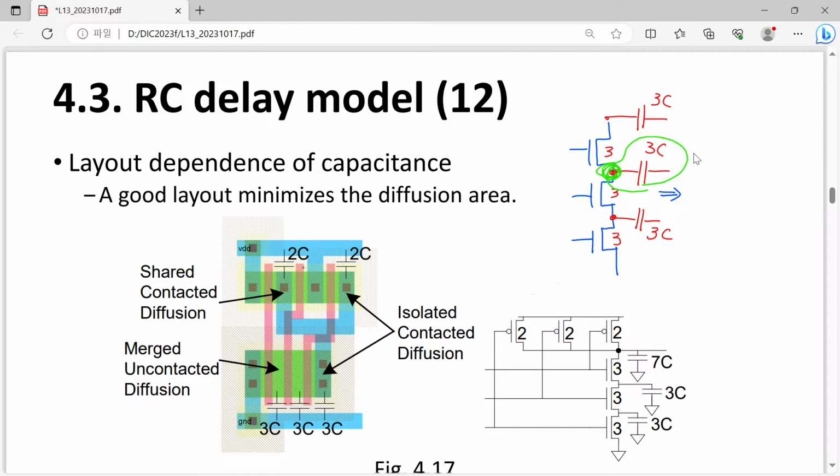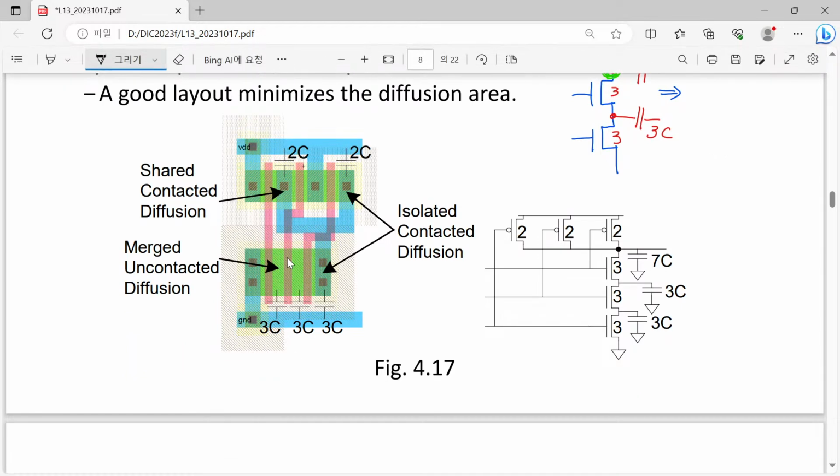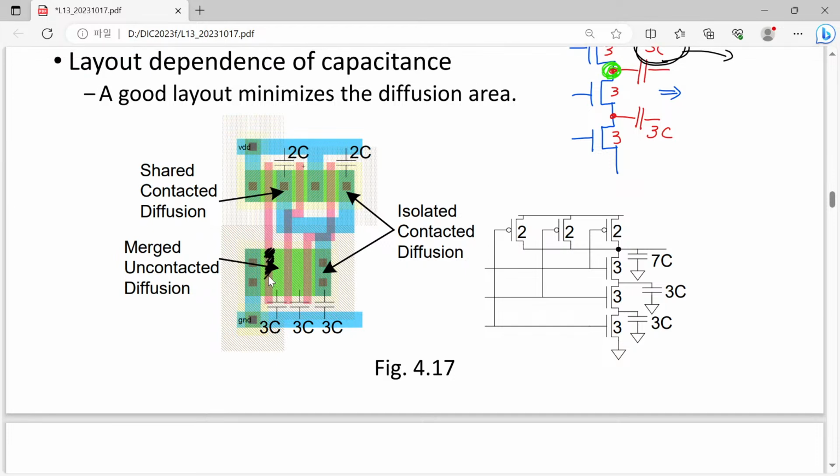However, the answer is no. Practically, the answer is still 3C. Please have a look at this figure 4.17. Here you can see that red line corresponding to one transistor, and here you have another transistor, and here you have another transistor.